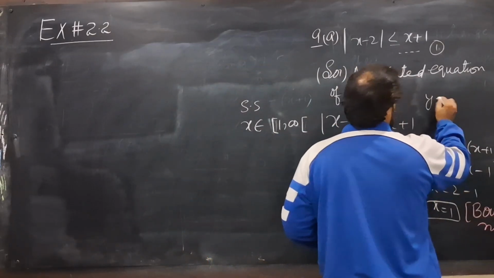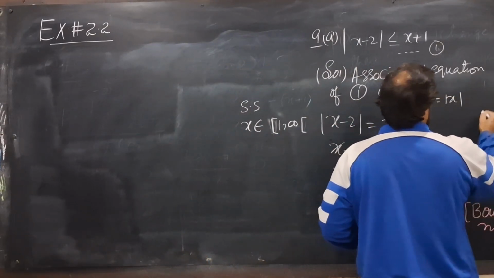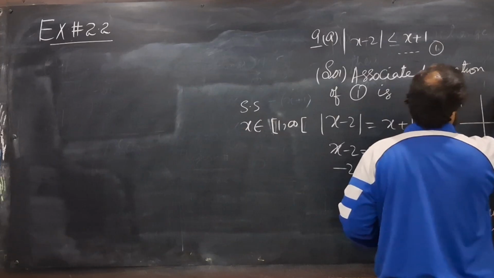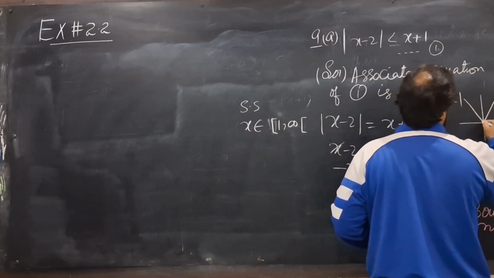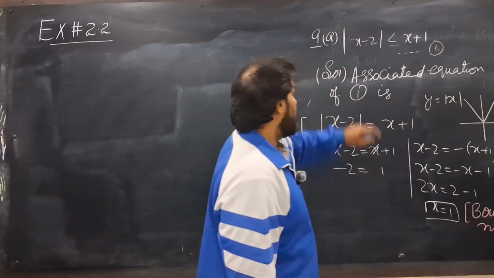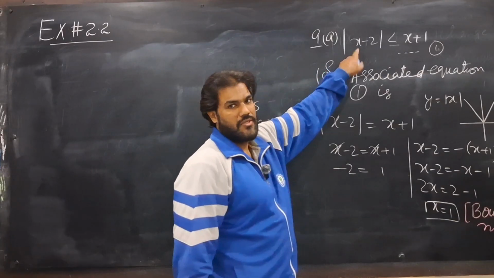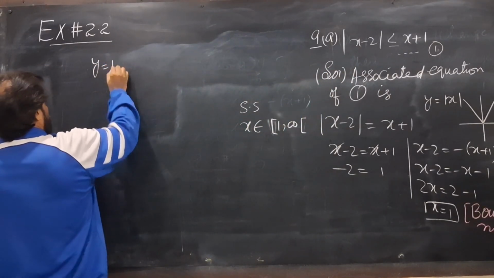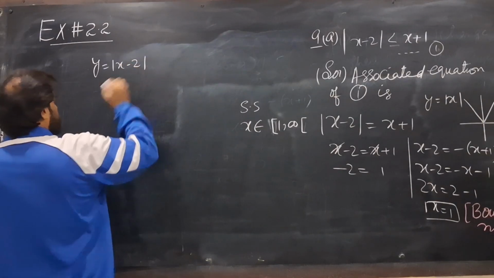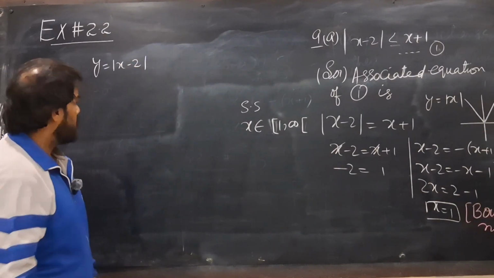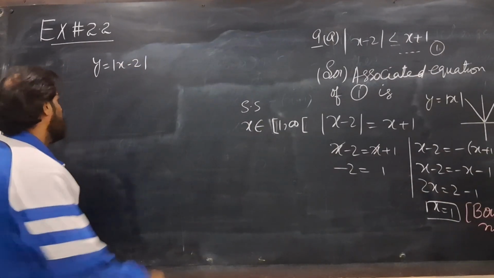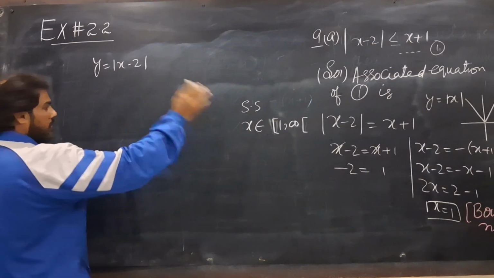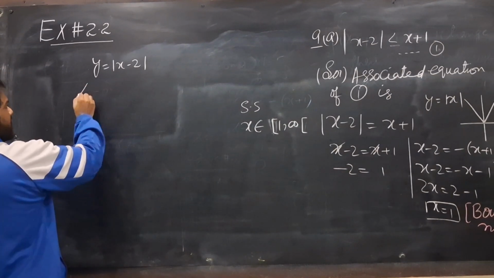The graph of this standard absolute value function is a V shape passing through the origin. So firstly we make the graph of y is equal to |x minus 2|. This will also be a V shape, but there will be some change. What is the x-intercept?